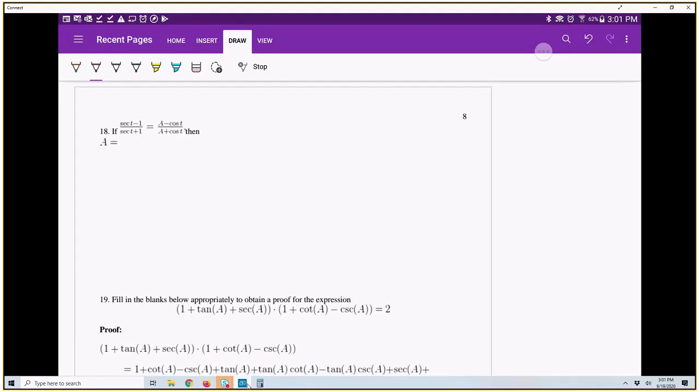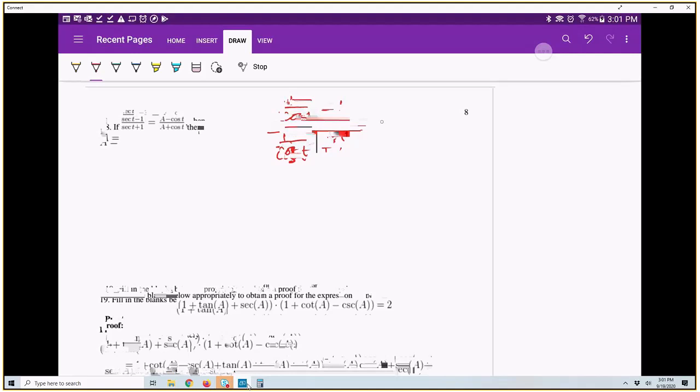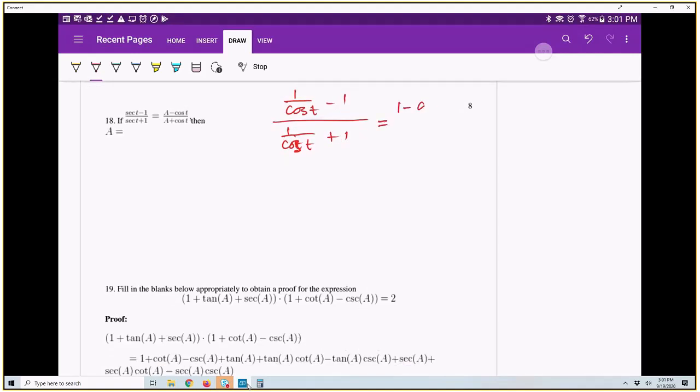Secant t minus 1 over secant t plus 1 equals a minus cosine t over a plus cosine t. Then what is a? All I need to do is think of secant t as 1 over cosine t, so 1 over cosine t minus 1 over 1 over cosine t plus 1. Again, common denominator, so I will get 1 minus cosine t over cosine t over 1 plus cosine t over cosine t.